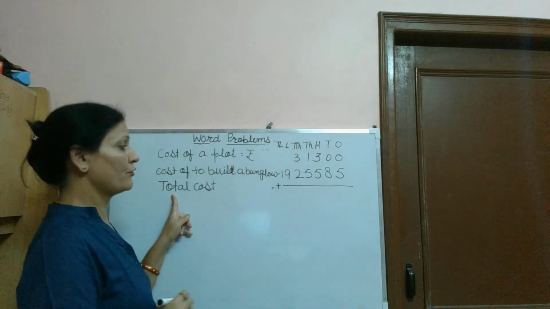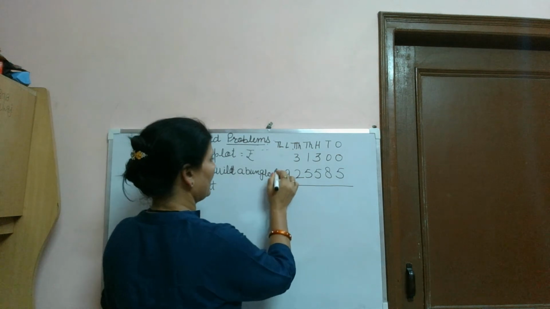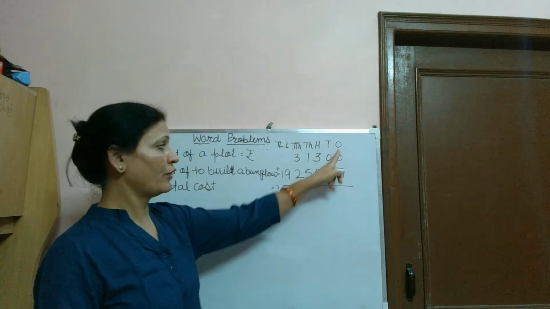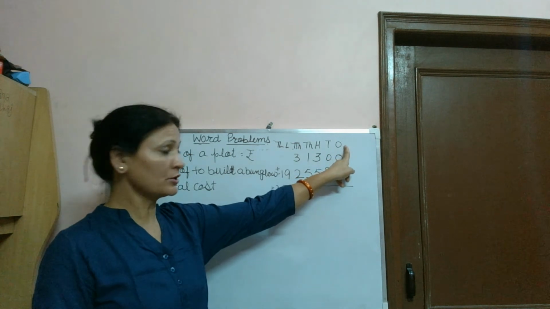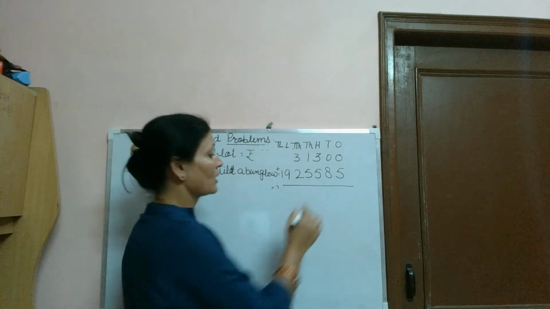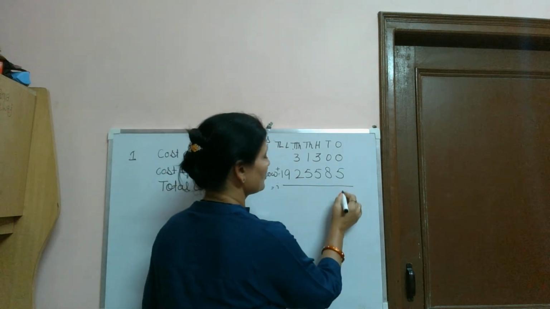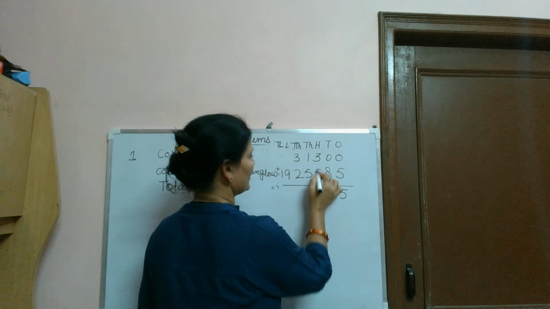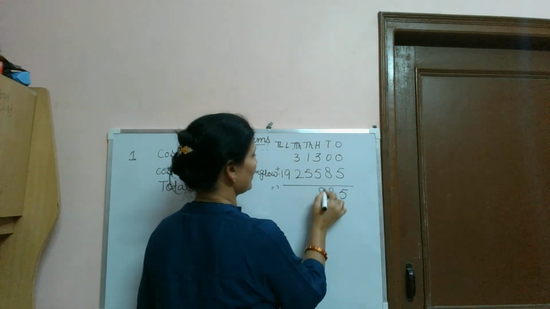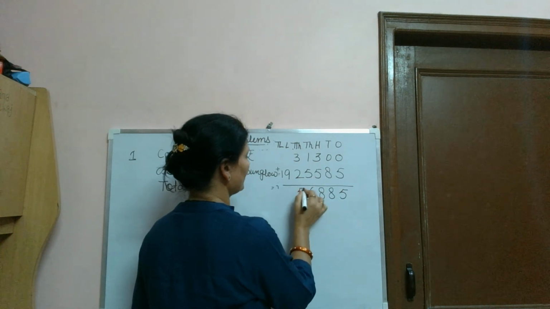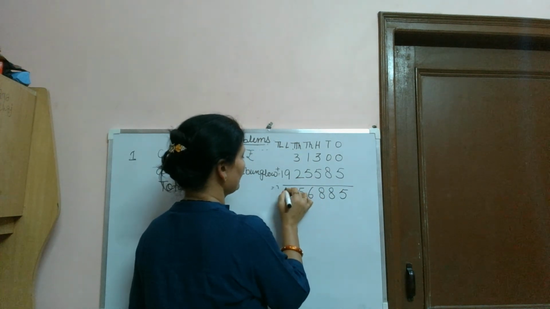And now we will add from ones. Below the ones are 0 and 5. So we will add 0 and 5. 0 plus 5 is 5. 0 plus 8 is 8. 5 plus 3, 8. 5 plus 1, 6. 3 plus 2, 5. 9 and 1.